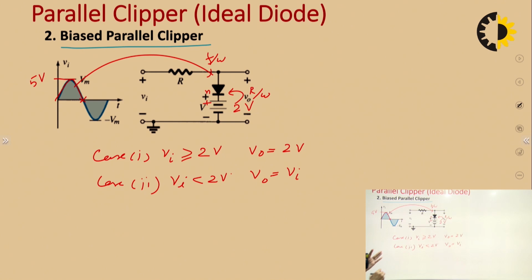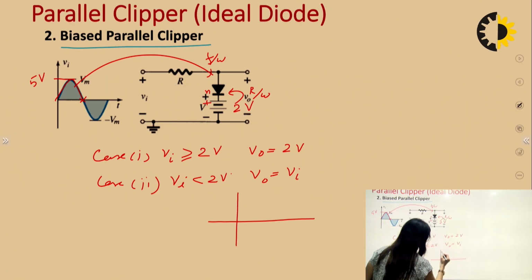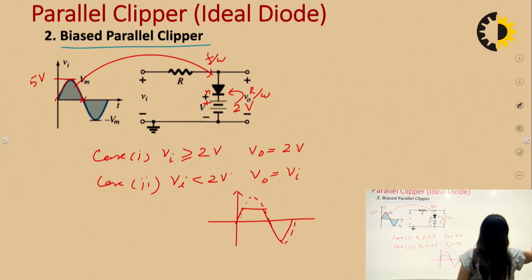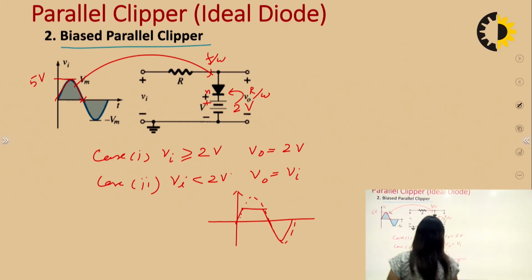And you will definitely make the graph. So this is how we will proceed. If I want to draw this particular graph, I can also draw. Above 2 volt, it is constant, otherwise Vo is equal to Vi. This is the waveform which will come in this particular case.